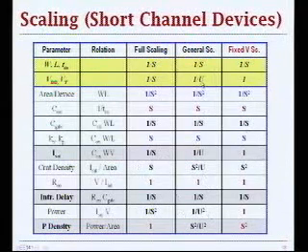When you set U equal to 1, you get the fixed voltage scaling, and when you set U equal to S, you get the full scaling. This general scaling model is important to understand because it's general enough that you can go between full scaling and fixed voltage scaling.